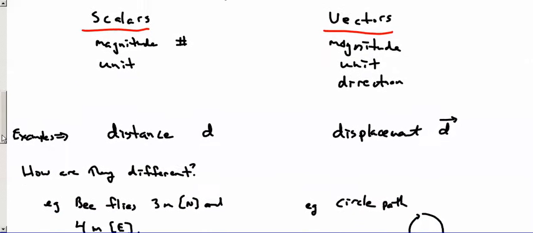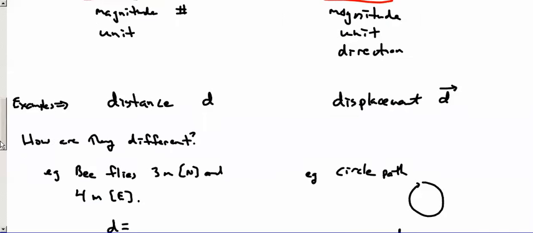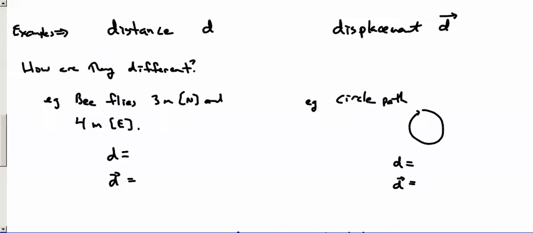And now, how are they different? So let's talk about how these two things are different, looking at 2 examples. We have a bee, and he flies north 3 meters and then east 4 meters. How far has he flown? What is the distance he has flown? That's 7 meters. 3 plus 4. But how far is he from his original location, his displacement from where he started?